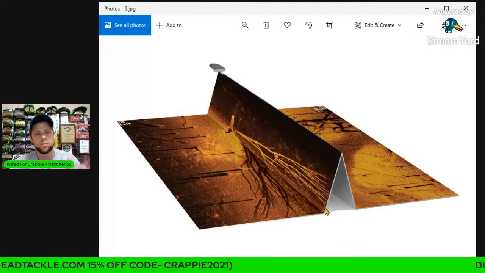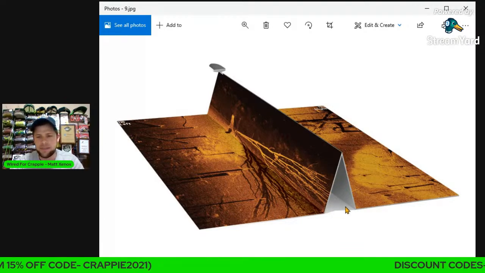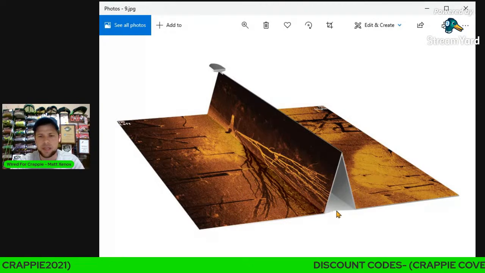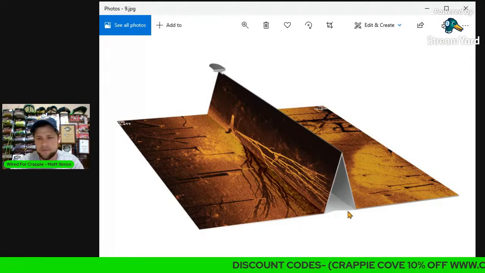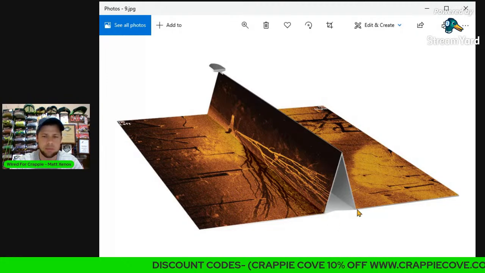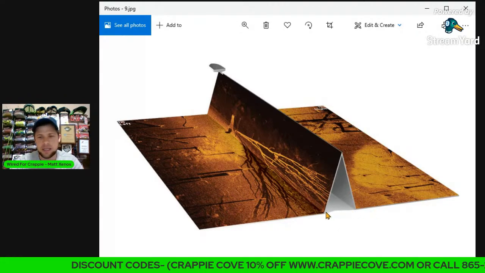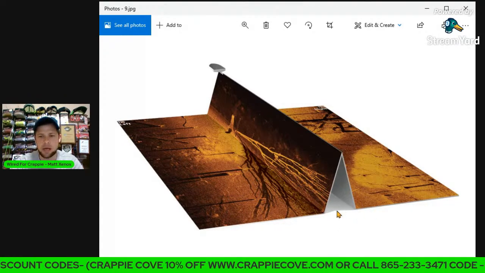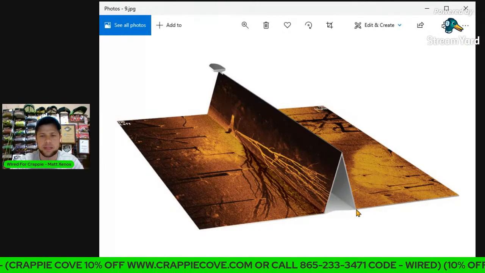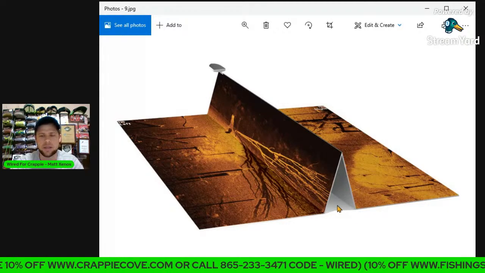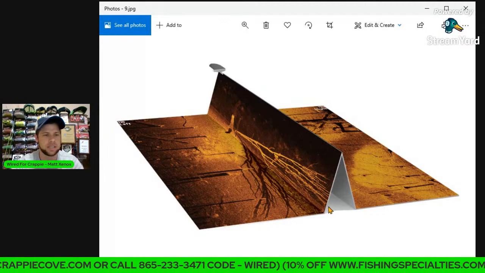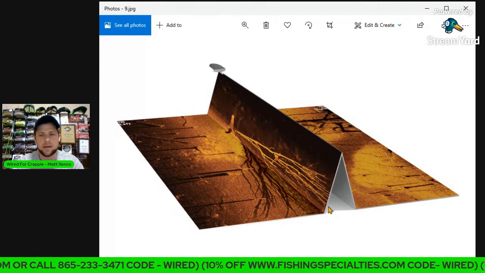Okay. So with that being said, anything that's picked up on this 20 feet, probably, we're going to call it 20 feet. This 20 feet of lake bottom, anything that's picked up on that 20 feet of lake bottom right there is going to show on your down imaging screen. Okay.